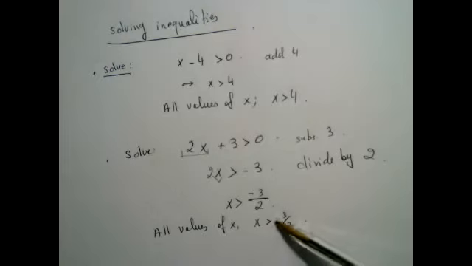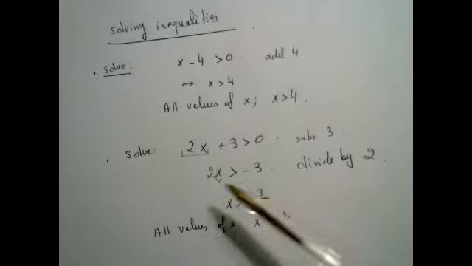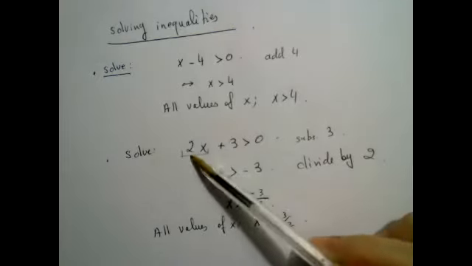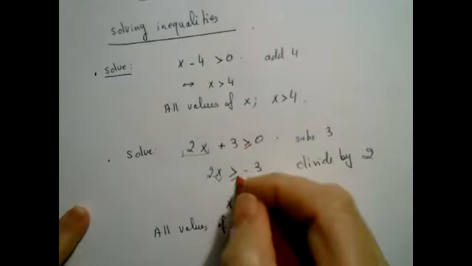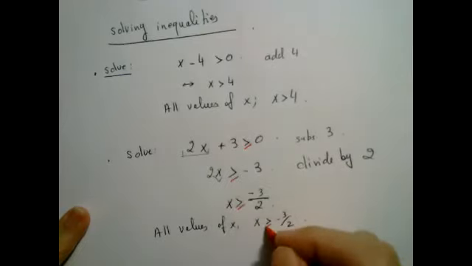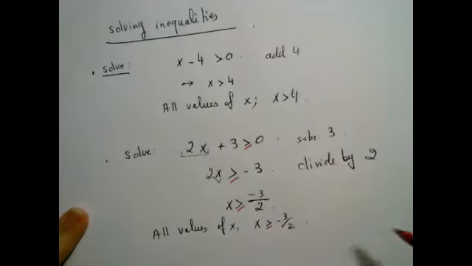But once I start taking something less than minus 3/2, like minus 2, I get minus 4 plus 3, I start getting a negative number. Now, if I add an equal sign here, the effect would be just adding an equal sign across the board.